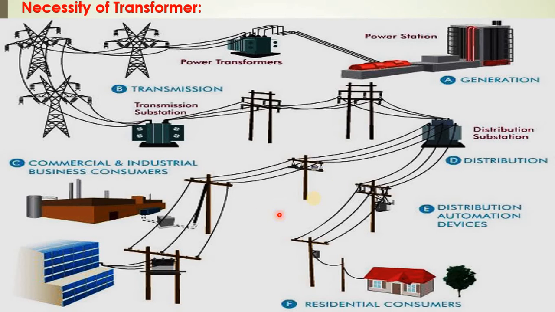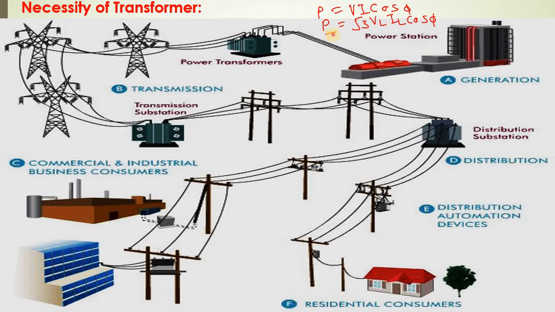See, if we take the equation of power, P equals VI cos phi. This is single phase power. If it is three phase power, then P equals root 3 V_L I_L cos phi.